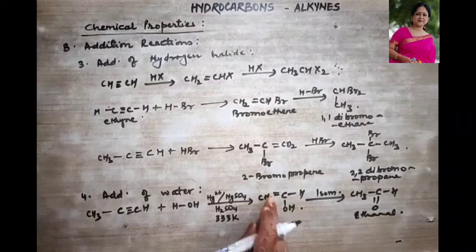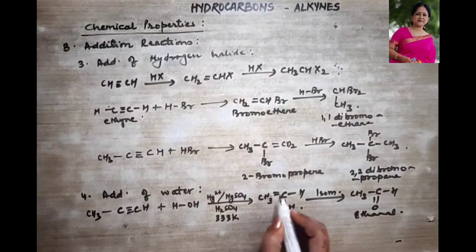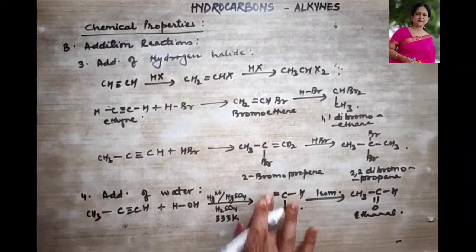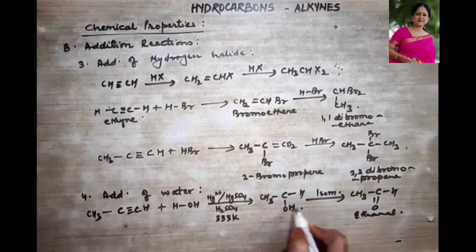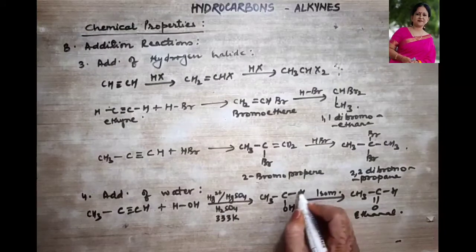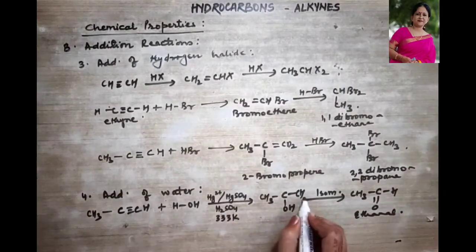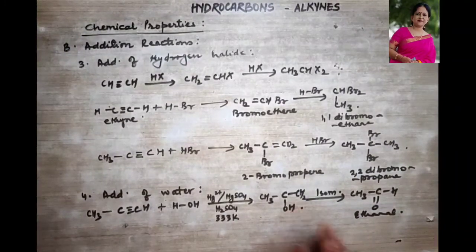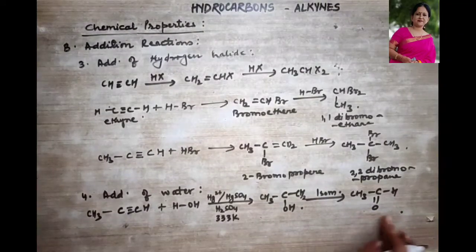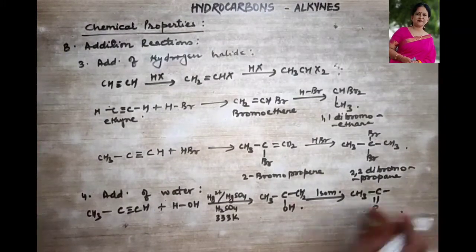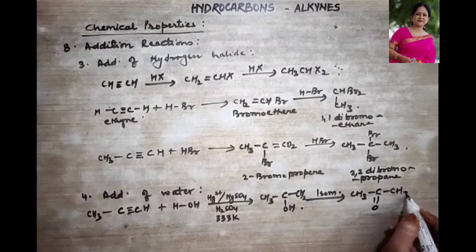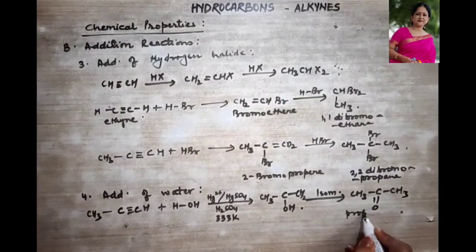It will form an unstable compound, CH3COH and this becomes CH2, right? Then over here on isomerization, what is it going to form? It is going to form propanone, that is CH3CO, and this also becomes CH3. What is this now?